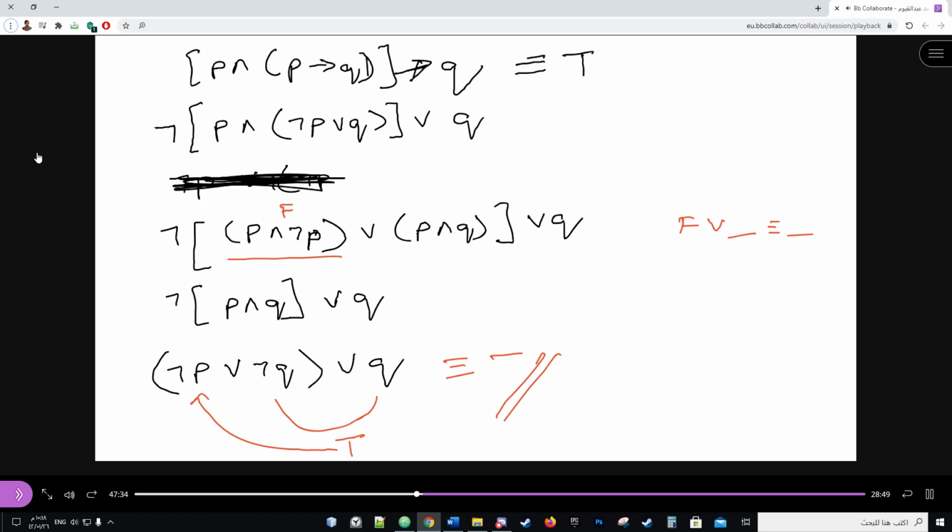Okay, so let's take another example. The more you practice, the better you will get. Now I'm looking at a very complicated looking example. I will have to write it small, so those who cannot see it will have to zoom out.